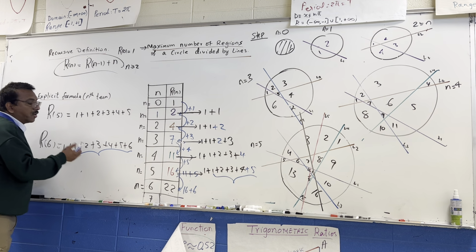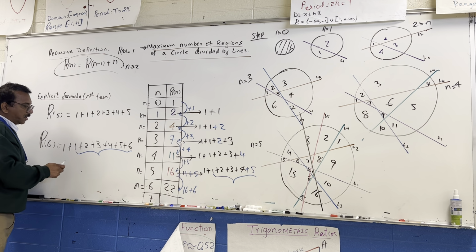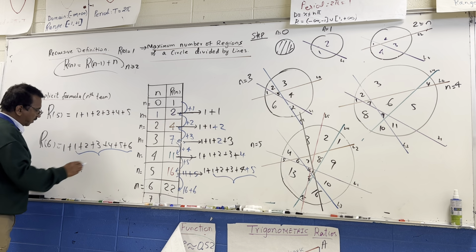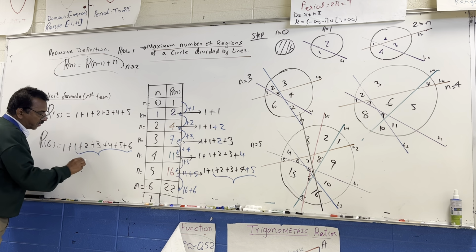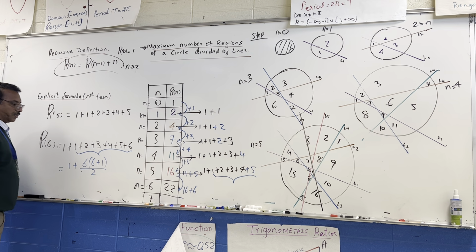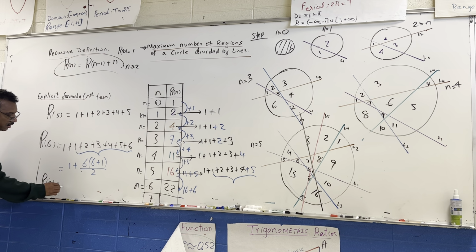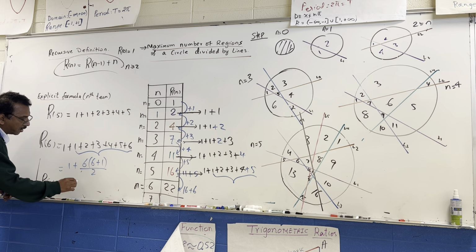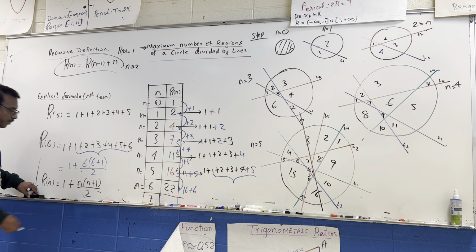We do know the answer for this. If you want to add n number of terms, 1, 2, 3, 4, 5, 6, that is same as 6, whatever the number, 6 times 6 plus 1 divided by 2. In general, we can generalize and say Rn equals 1 plus, whatever that n, n times n plus 1 divided by 2.